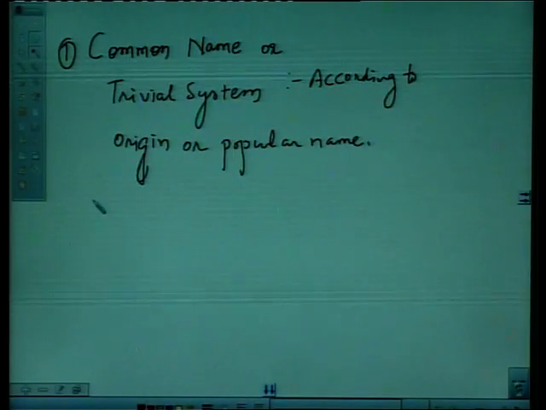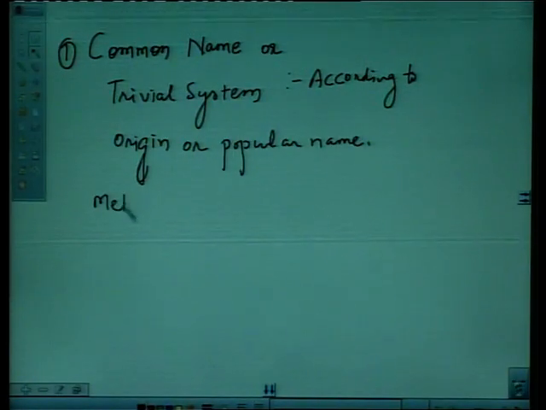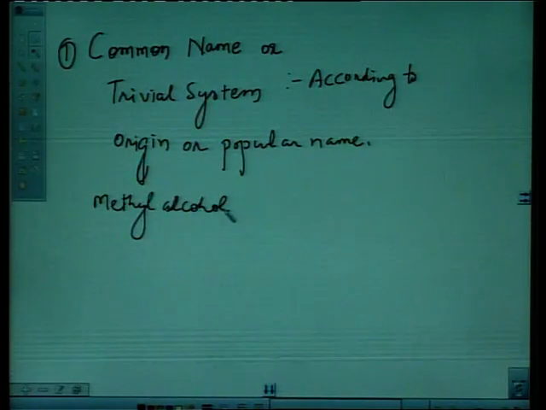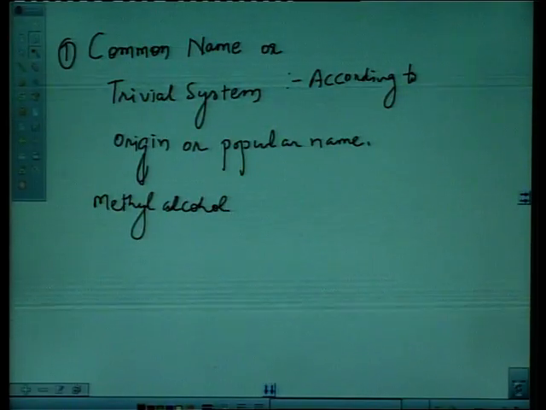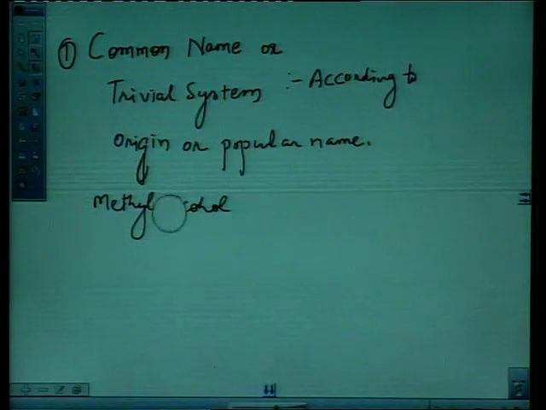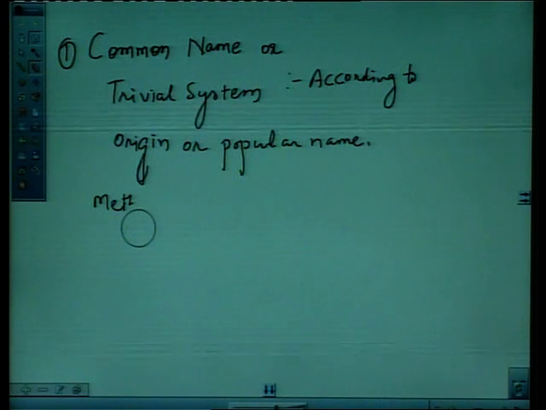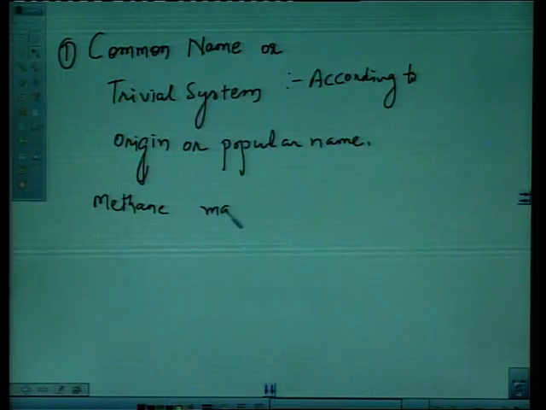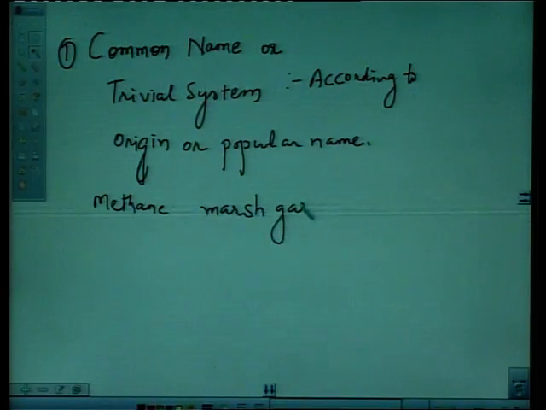For example, methyl alcohol. Methane is also called marsh gas, as it is obtained from marshy places.